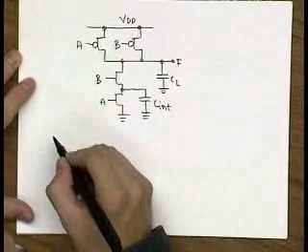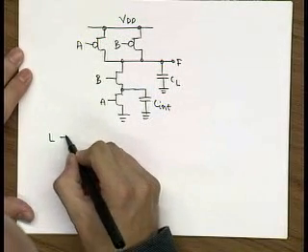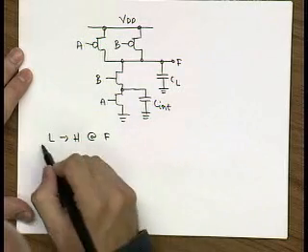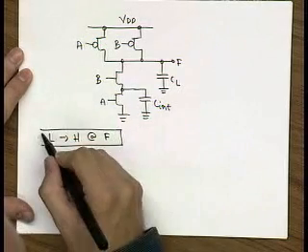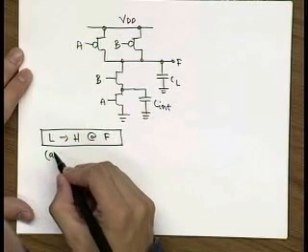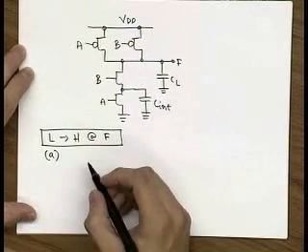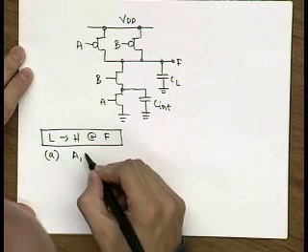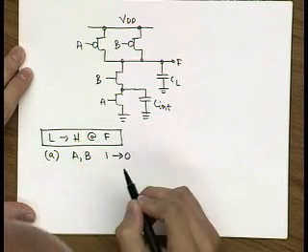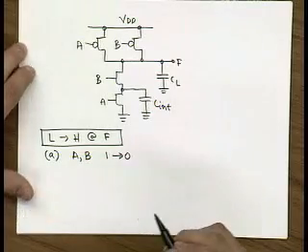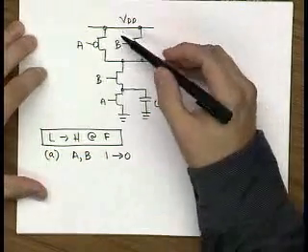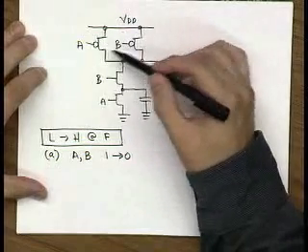Let's take a look at low to high transition at the output. And let's analyze the case where both inputs A and B go from 1 to 0. What's going to be the equivalent network over here?